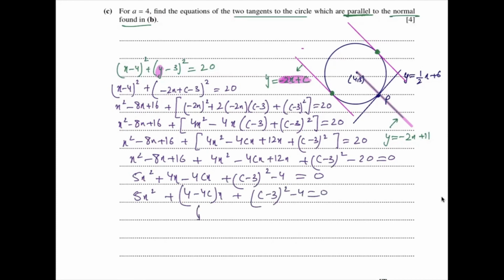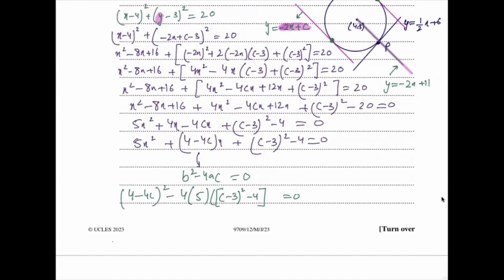Now we are going to apply the concept of the discriminant. We know that the line is tangent to the circle. So 4 minus 4c the whole thing squared minus 4 times a times c minus 3 the whole thing squared minus 4 equals 0.